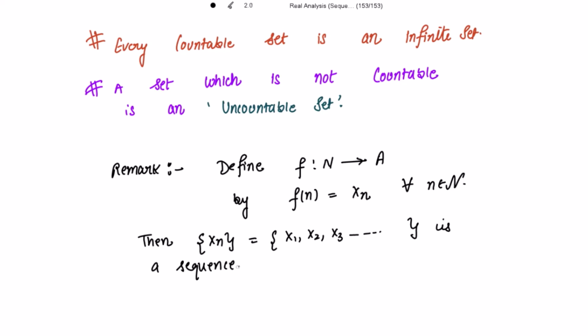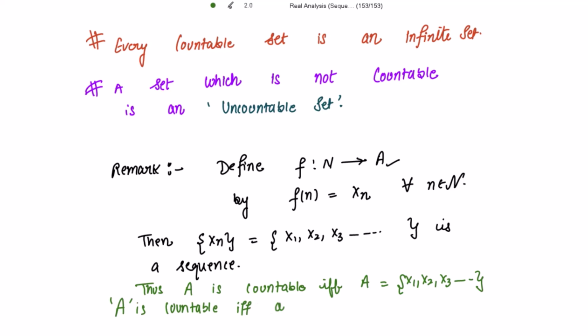That is what I have done: I have arranged the elements of A in a sequence. If we are able to arrange the elements of A in a sequence, then we say that A is countable. Thus, A is countable if and only if A equals the set {x1, x2, x3, and so on}. In other words, A is countable if and only if all the terms of A can be arranged in a sequence xn.